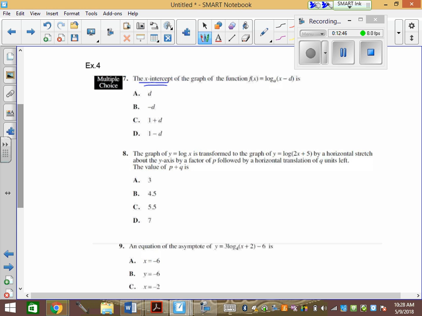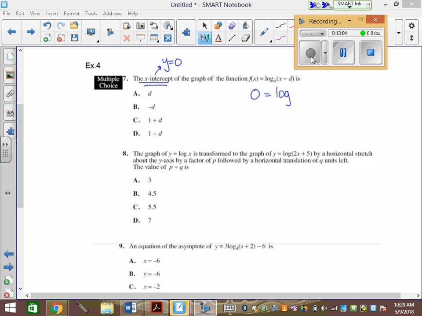The x-intercept. What is when you hear x-intercept? What should you think? So the x-intercept of the graph of function f of x equals log ax minus d. You're going to get 0 equals log ax minus d. So if you don't know the x value, and the x value is beside the log or in the base, what are we going to do?